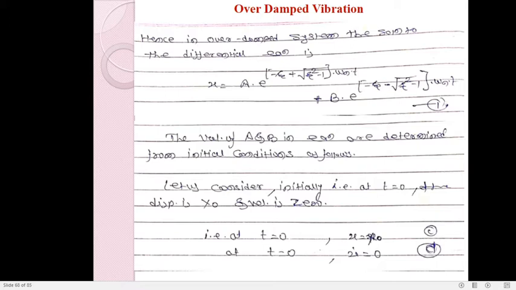When we have to give the displacement initially to the pendulum, consider that it is at the mean position. From that mean position, we have to pull or push the bob to one of the extremities. At that extremity, when you just hold it in your hand, you can say that at t equals 0, your motion has not started.